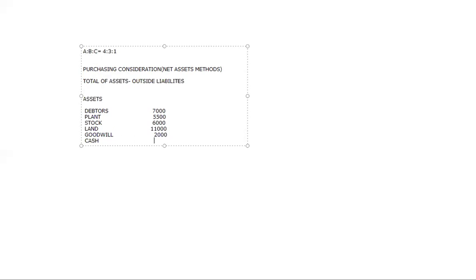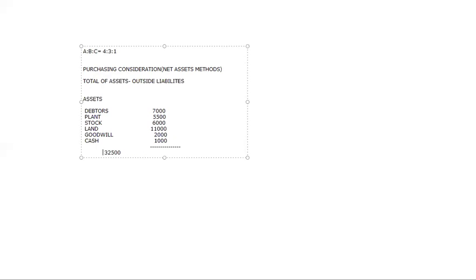So that's why the cash which he gave, 1000 rupees, I'm taking that also into consideration. Now here the total of assets stood at 32,500. How much is the total of assets? 32,500. Now this itself I am taking as the purchase consideration.